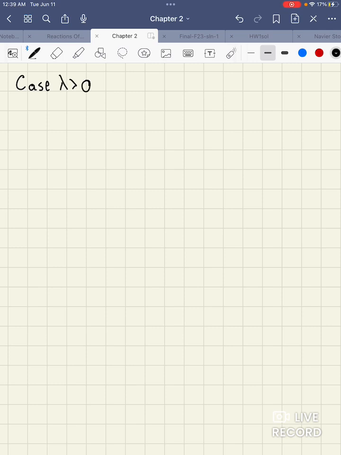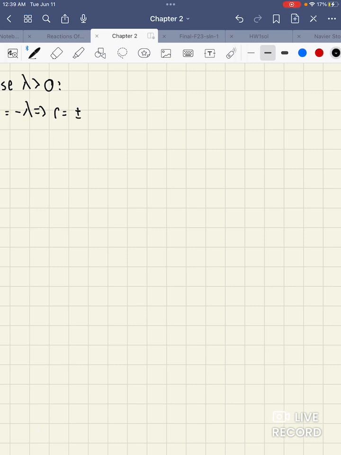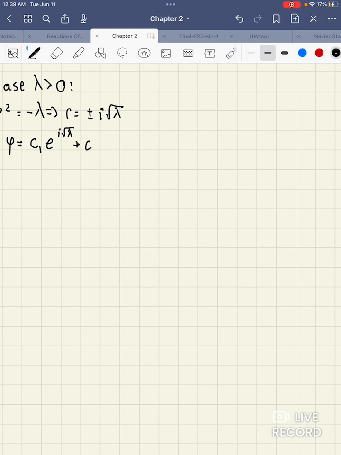Now, if lambda is greater than 0, then r squared is equal to negative lambda, so r is equal to plus or minus i times square root lambda. So now our ansatz is equal to constant c1 times e to the positive i square root lambda x plus a second constant c2 times e to the negative i square root lambda x.